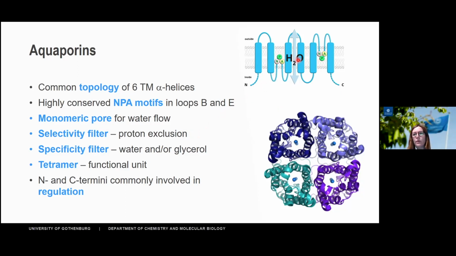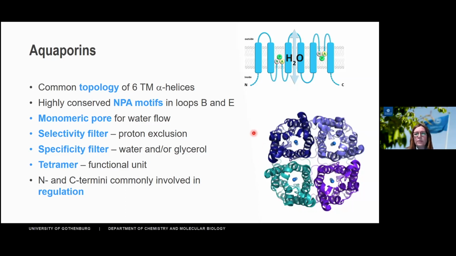There is also, further towards the entrance, one additional filter that is called the specificity filter. That specific region determines whether only water will pass through or also larger, more hydrophobic molecules like glycerol. The functional unit of the protein is a tetramer, and there we have 4 individual water channels.